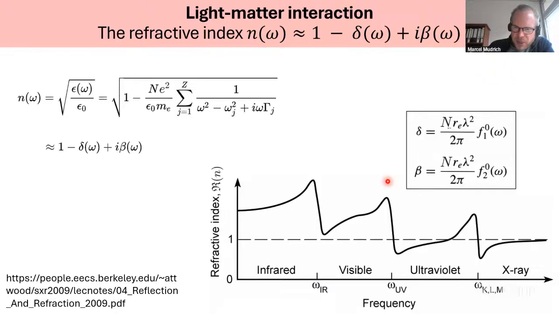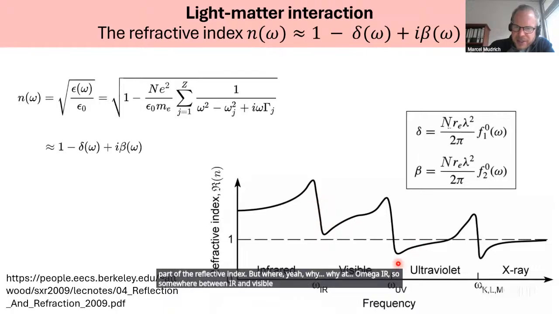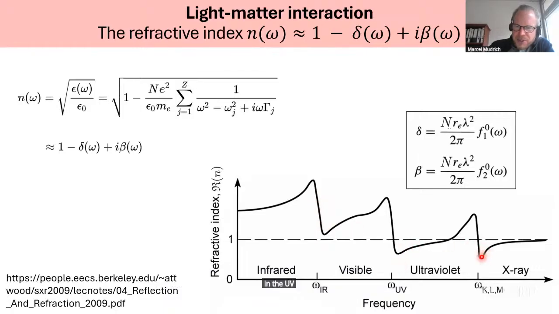But why at omega IR, somewhere between IR and visible? Why in the UV? Why in the X-ray? What kind of resonant oscillators are we talking about? There must be some degrees of freedom that are resonantly excited.